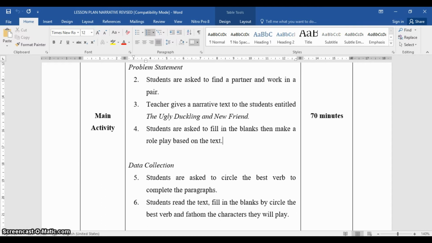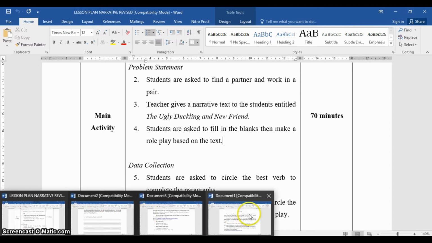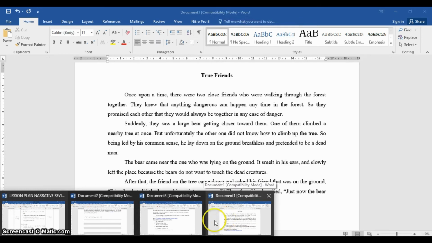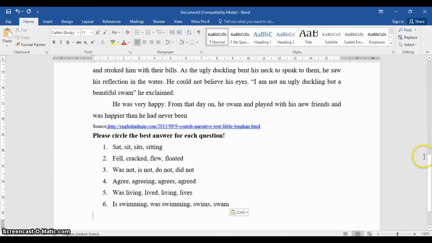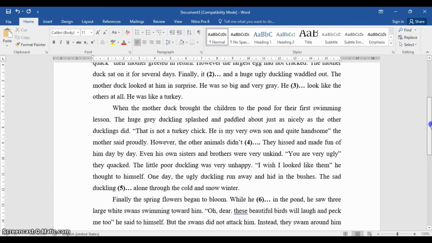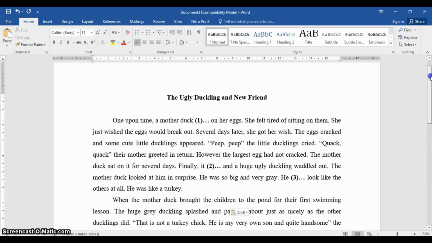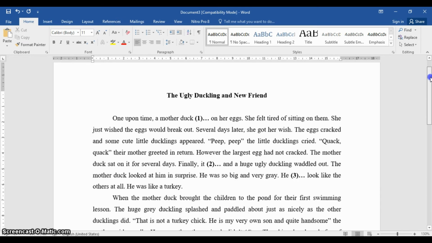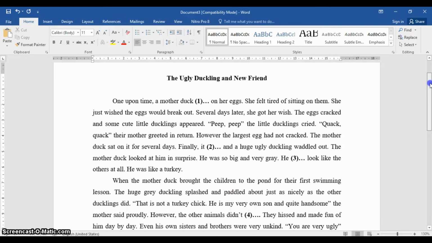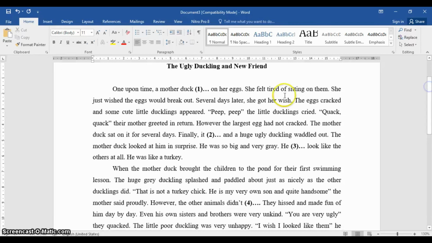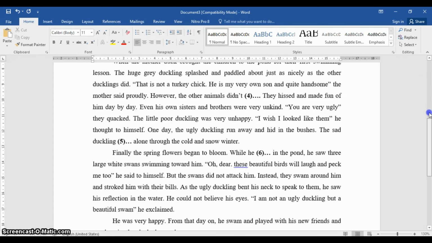And here I will show you the text. Okay, this is the ugly duckling and new friend text. So in here I remove the language feature and ask them to fill in the blank.